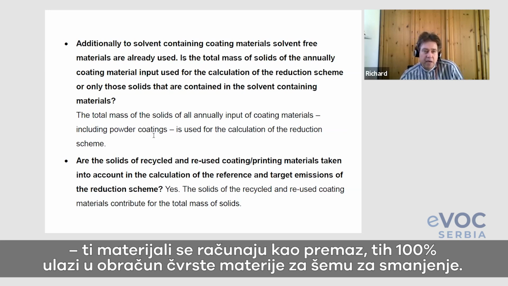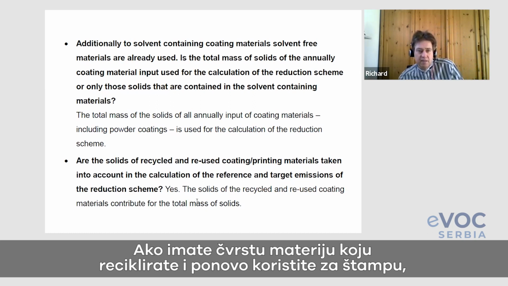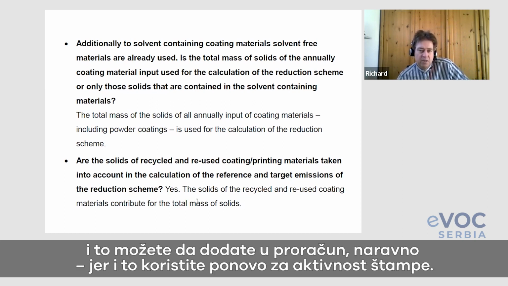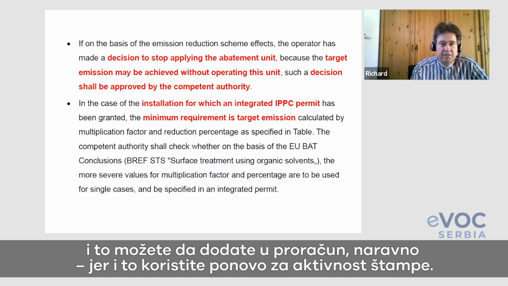So that 100% material that is VOC free will count as coating material, and you have the right to use that solid for the reduction scheme. If you have solids that you recycle and reuse in the printing, of course you can add those solids to the calculation for the reduction scheme too, because you reuse them for the printing activity.